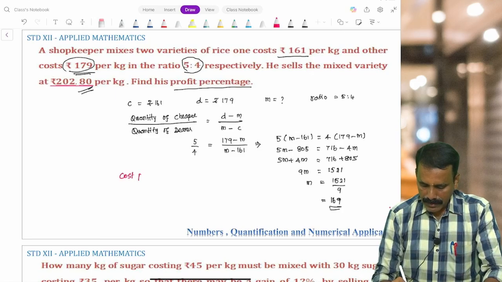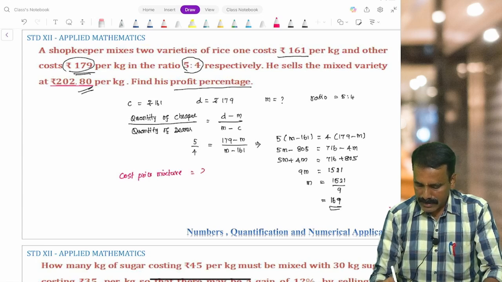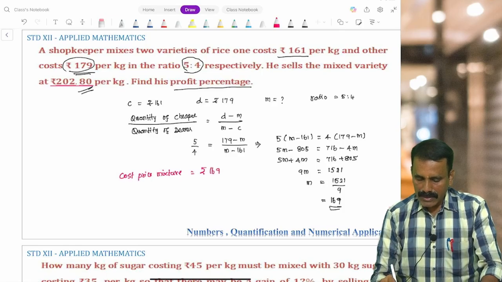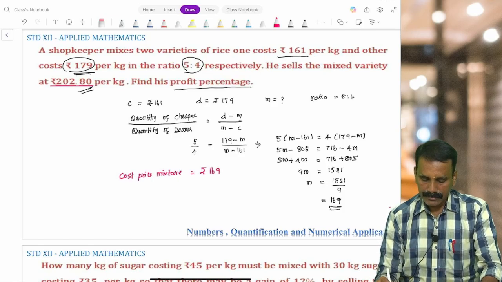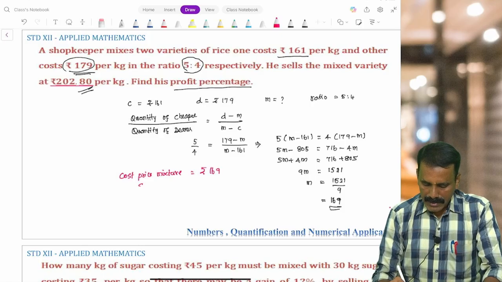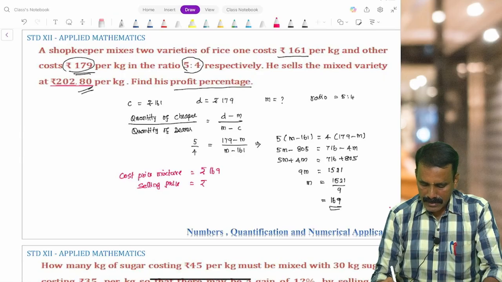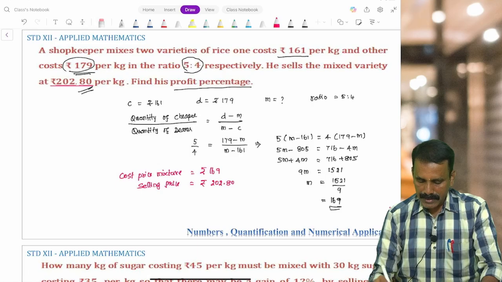So cost price of the mixture is rupees 169. Now selling price of the mixture is rupees 202, rupees 80 paise.